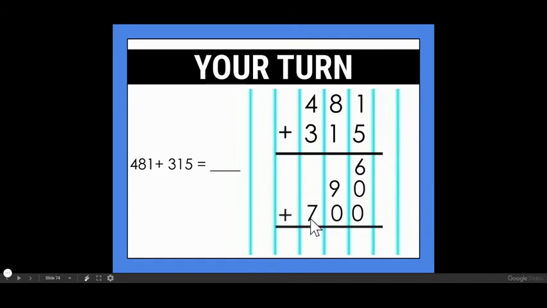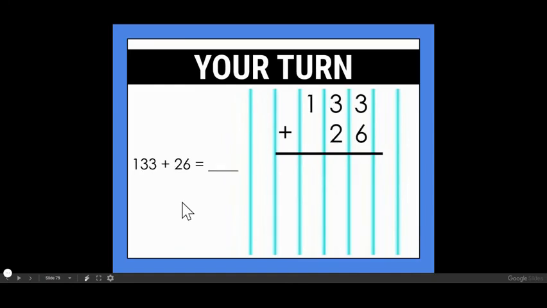All right, it looks like expanded form now. 700 plus 90 plus 6. Write your answer to the problem. 481 plus 315. Write your answer right down here. All right, your sum should be 796.